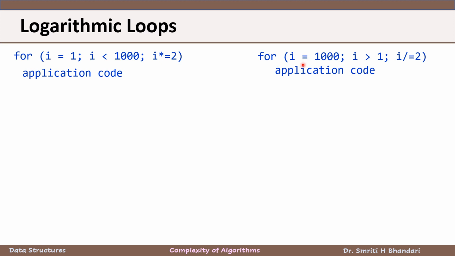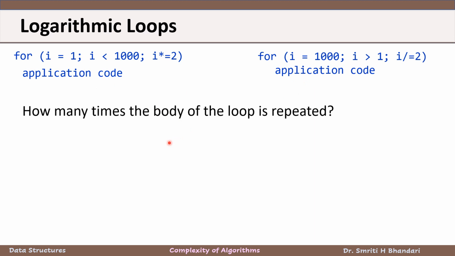So every time the value of i would be half of the old value, and here every time the value of i would be twice of i. In both cases, those many times the application code runs.